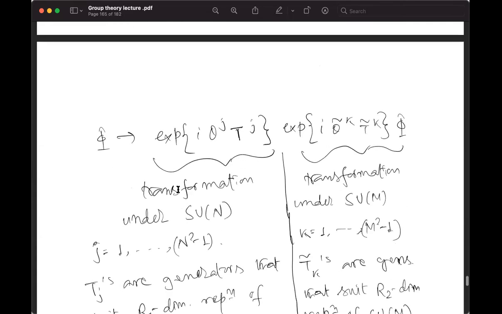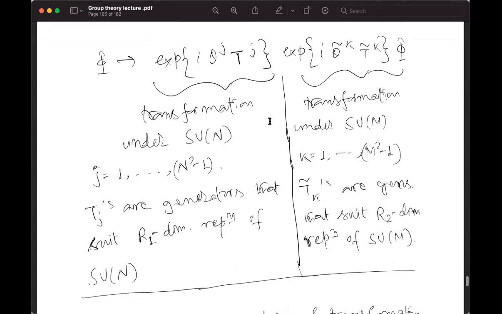So phi transforms under the first SU(N) with this part, and under the second SU(N) with this part. Here a runs from 1 to N squared minus 1, the number of generators. T are the generators in the R1 representation, and similarly T tilde are the generators constructed for the R2 representation.